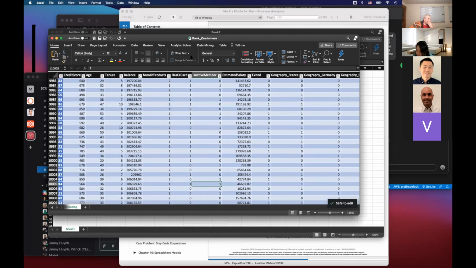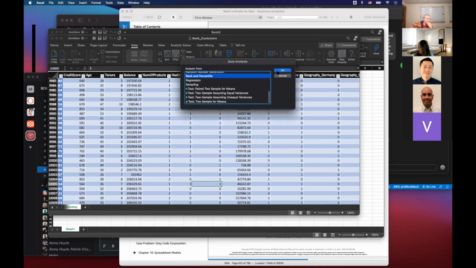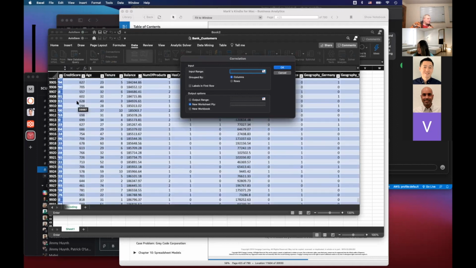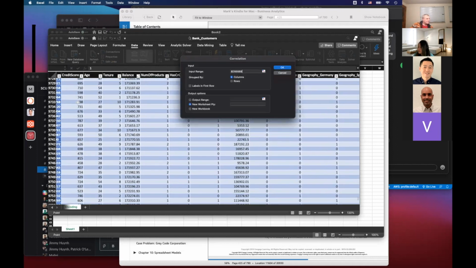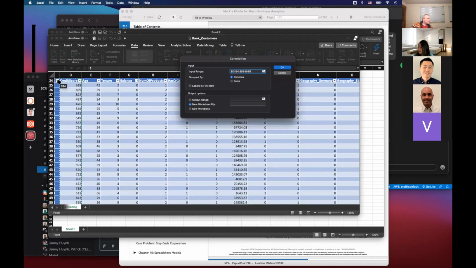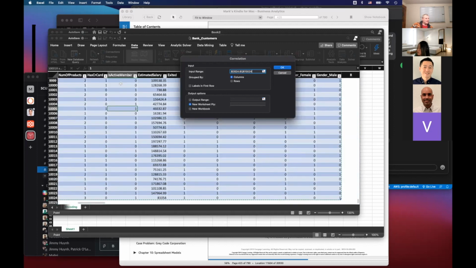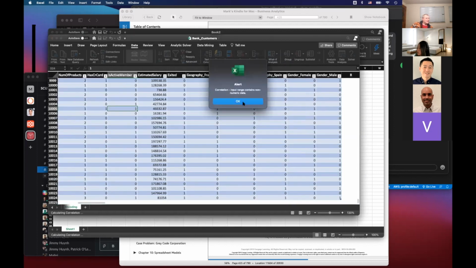Okay. So here on mine, you can just do under data analysis. It's the correlation that I wanted. Input range. Oh, you have a lot of data too. Yeah.